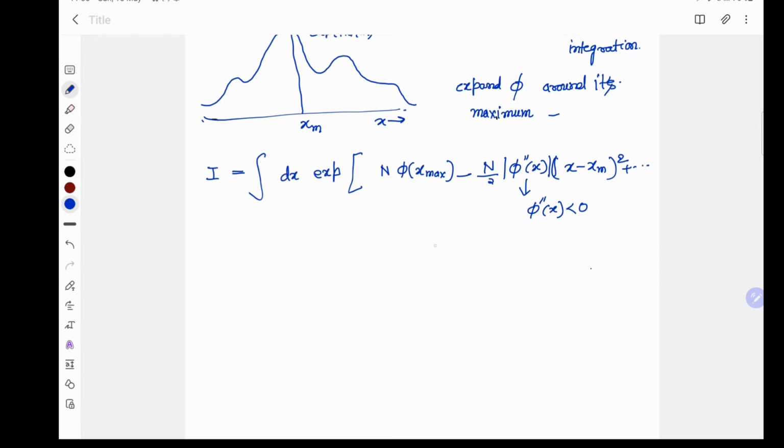There will be a third order term, plus n over 6 phi triple prime x times x minus xm whole cube. There will be a fourth order term, x minus xm to the power 4, and higher order terms.